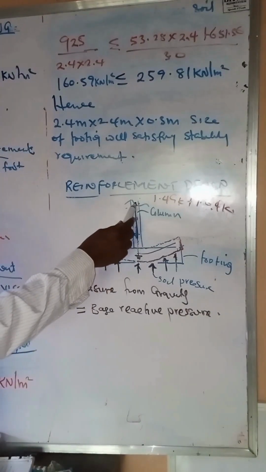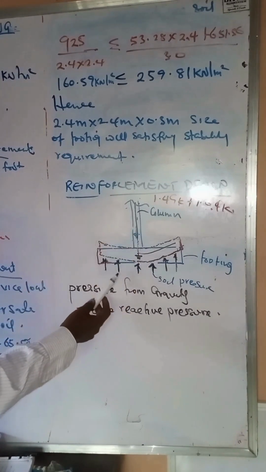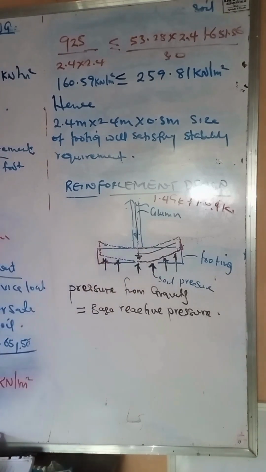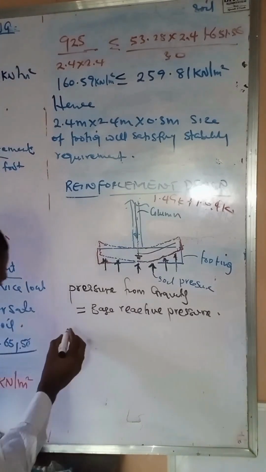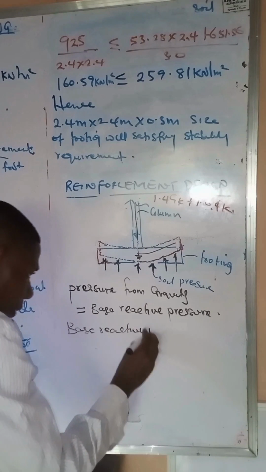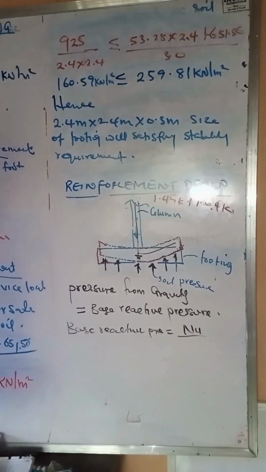So the amount of pressure that is induced on the base due to the gravity load from the column will be equal to the amount of pressure that will cause a bending in this direction of our footing. All right. So let's calculate, and that pressure is what we call the base reactive pressure. So now let's calculate that base reactive pressure. So we can say that the base reactive pressure is equal to our ultimate load over the cross-sectional area that this load is acting on, and that cross-sectional area represents the area of the footing surface.